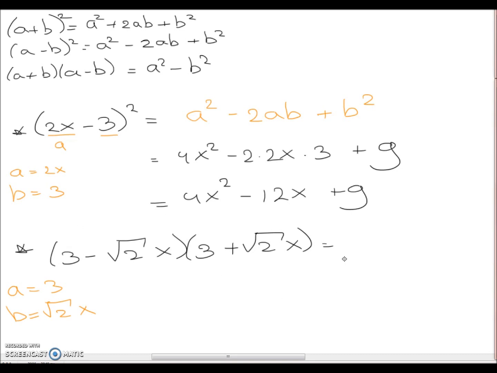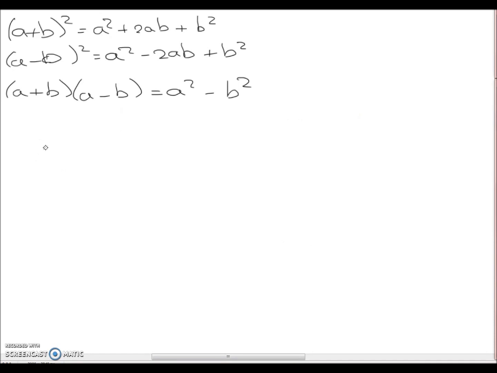And we can write down the result, a squared minus b squared. a squared is 9, b squared is the square root of 2 times x squared. Well, if we square a square root, it just becomes the number inside, and the square of x is x squared. So again, without a lot of work, we have multiplied out these brackets to obtain 9 minus 2x squared. No more square roots.